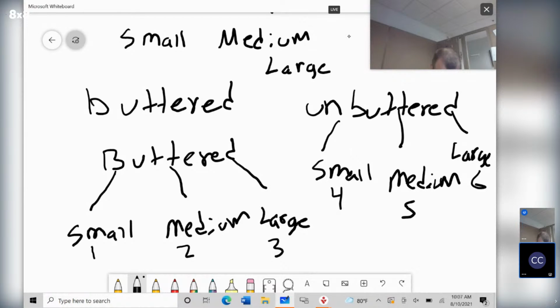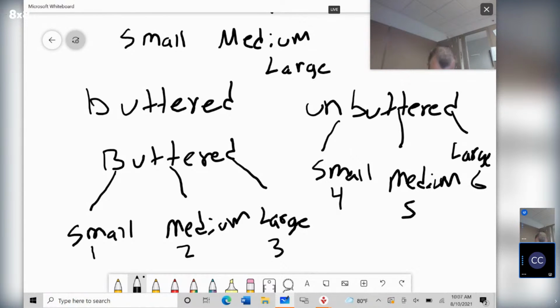We have 3 different sizes for buttered and 3 different sizes for unbuttered. So you get 6 different options when you go to, say, the movie theater, okay?